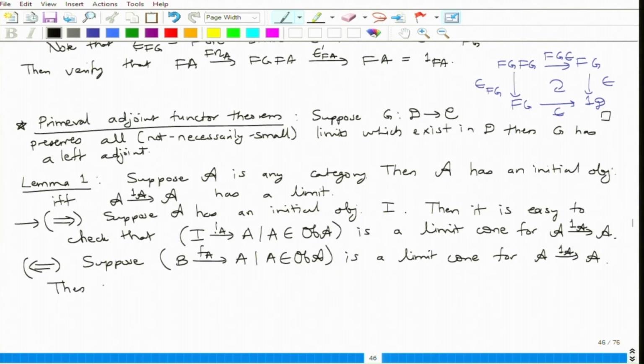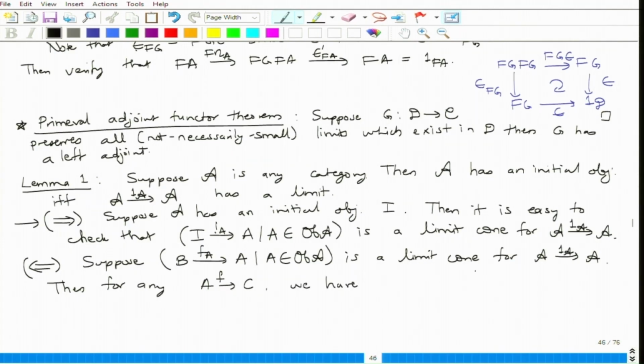Then you start with this B, then for any F from A to C, we have that the diagram commutes.